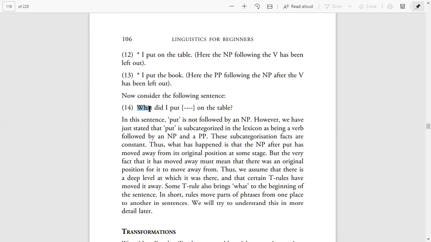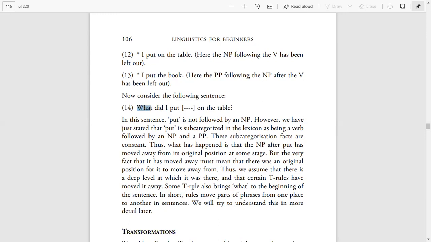We put what in this sentence and we transform this sentence into a different structure, right? After applying these T rules, the NP has been moved away. But at the deep level, Chomsky tells us that we had an NP after put.